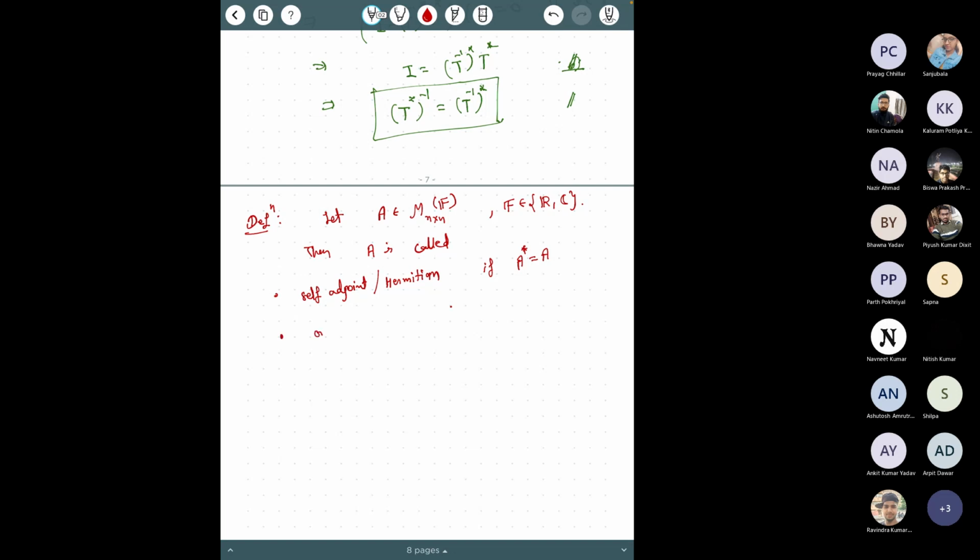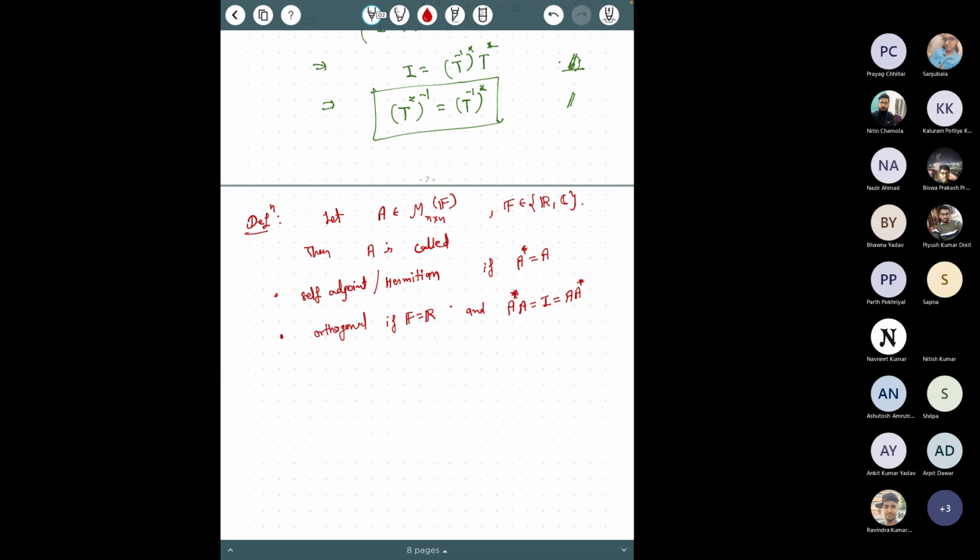It is called orthogonal if F is R, that means the field of real numbers, and A star A equals I, which is also equal to A A star.